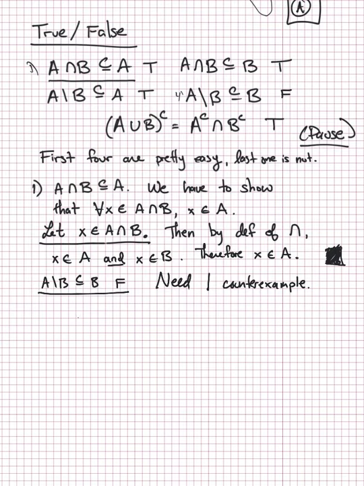So I'll say A is equal to the set containing the empty set, and B is equal to the set containing 1. Then A minus B is just A, and it's certainly not contained in B. That's a general useful thing to know.